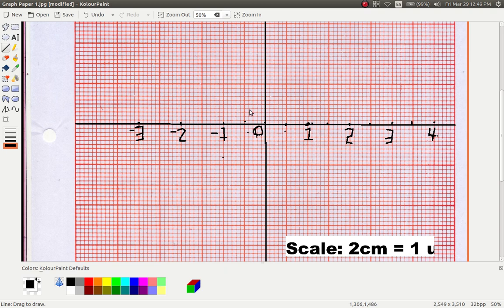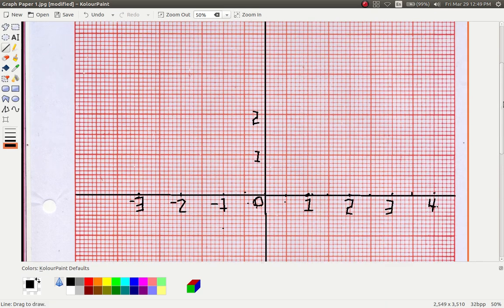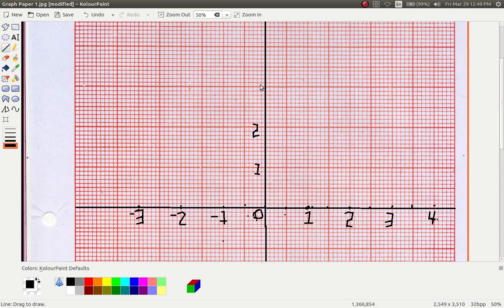That's on the x-axis. On the y-axis, I go 2 centimeters, that's 1 unit. Another 2 centimeters, that's 2 units. Then another 2 centimeters right here, that's 1 more unit, making 3 units. And so on.